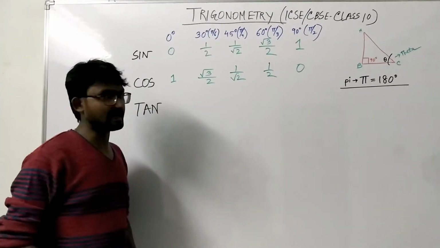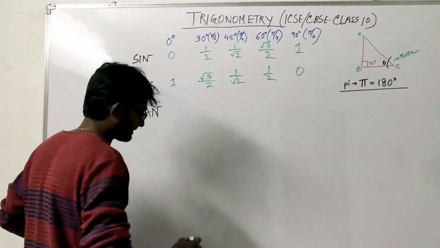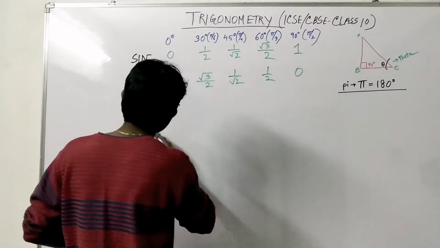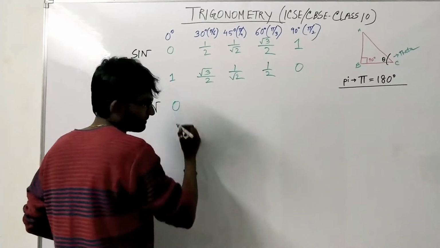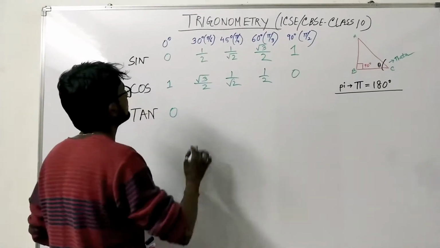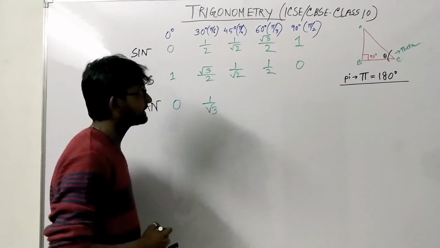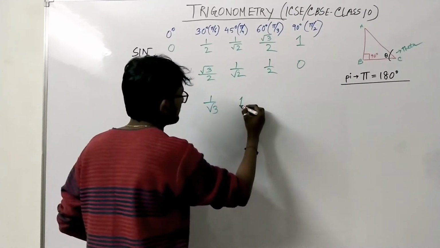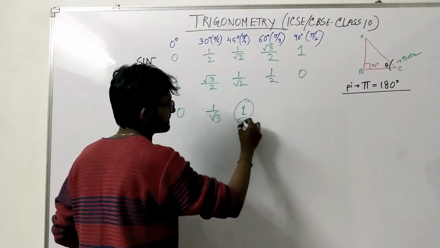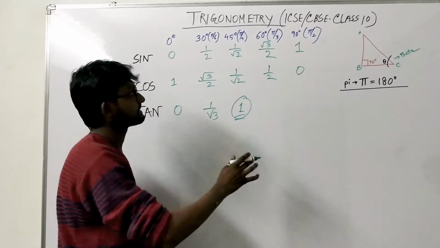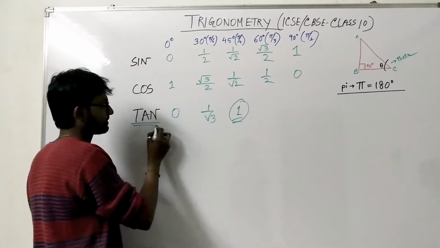And now coming to tan, the values of tan: tan 0 degree is 0. Tan 30 is 1 by root 3. Tan 45 is 1. You will need this value very much, I'm telling you, for height and distance, specifically tan only.